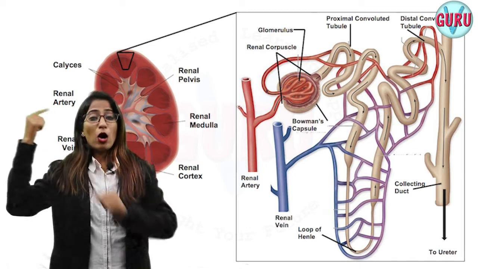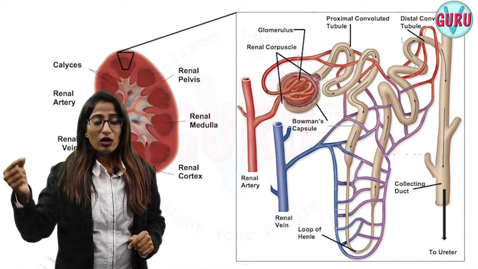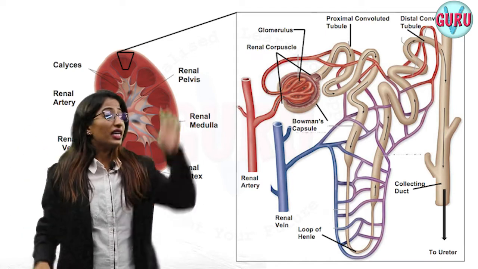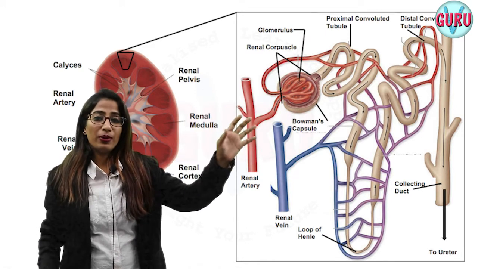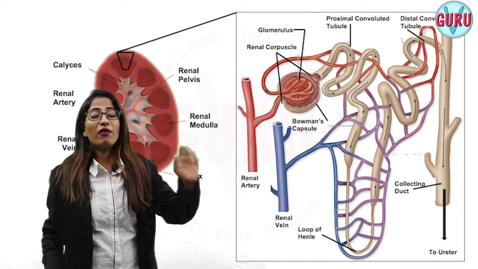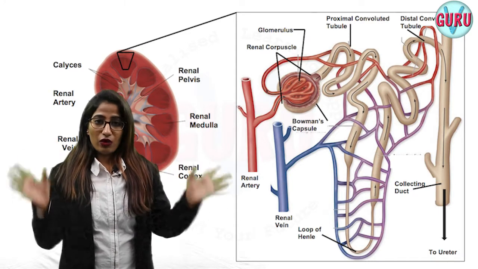One is Bowman's capsule, next is efferent arteriole and the third is glomerulus. And in the renal tube, we have proximal convoluted tube, distal convoluted tube and loop of Henle. So, this is the structure of the nephron.